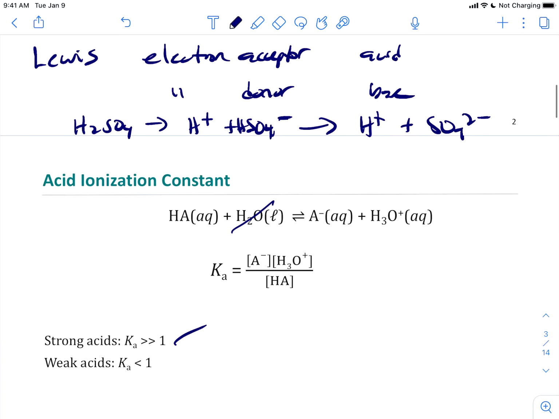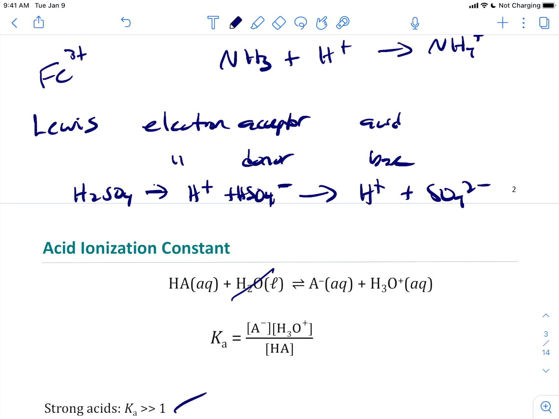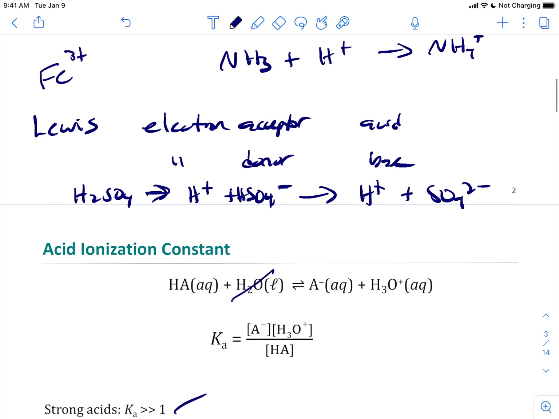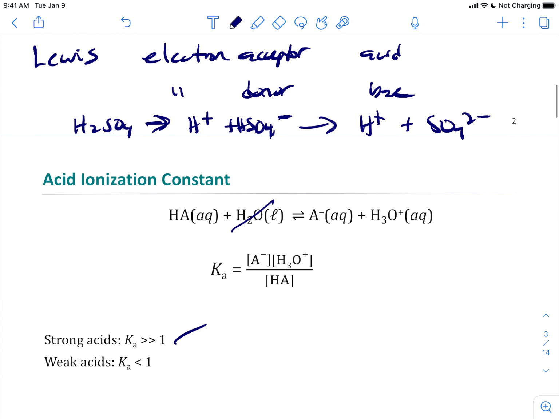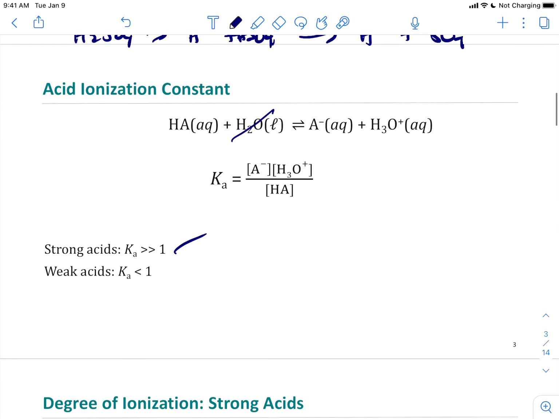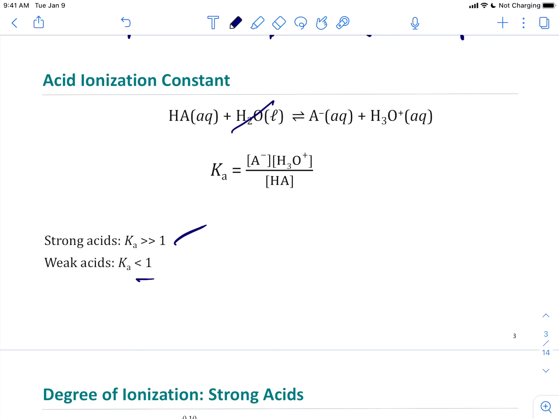That's why I've written this with a single arrow: strong acids completely ionize in solution. So much so that we basically say their equilibrium constants are all the same. They completely ionize and you have none of the molecular species left. With weak acids, we're going to have a bunch of this still in solution. By the way, HA is just a generic symbol we use for acids. There's no compound HA. There is no A on the periodic table.